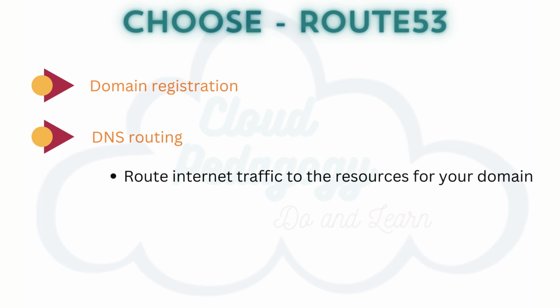In routing internet traffic to the resources for your domain, when a user opens a web browser and enters your domain name, for example example.com, or a subdomain name like cp.example.com, in the address bar, Route 53 helps connect the browser with your website or web application.